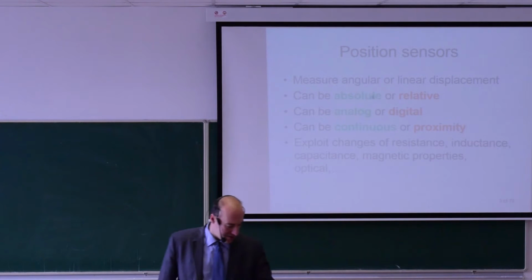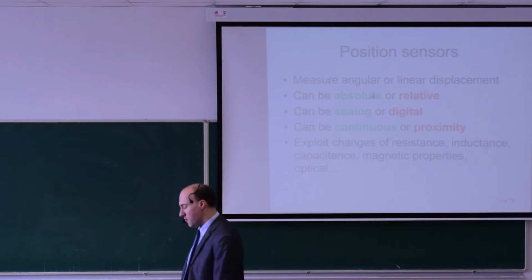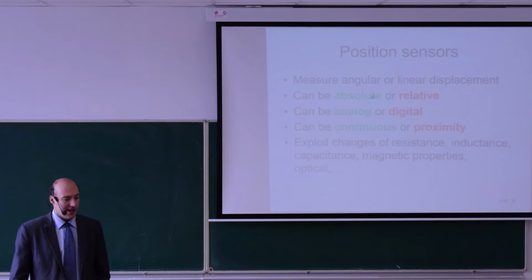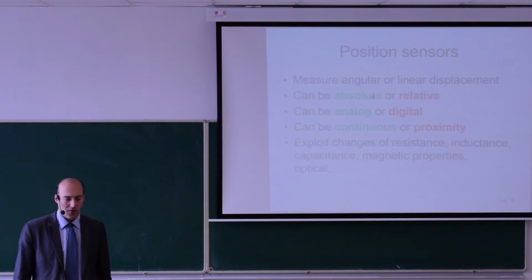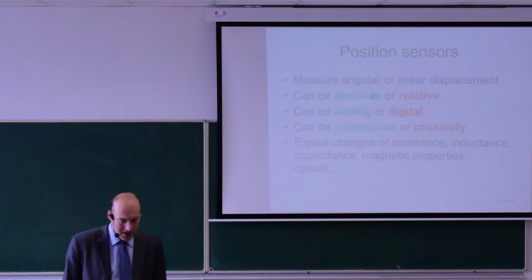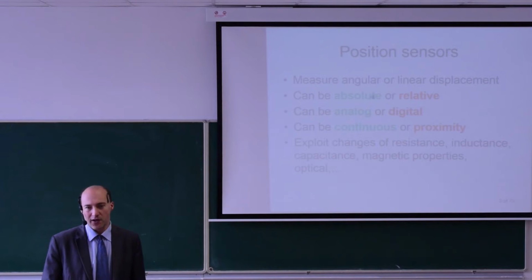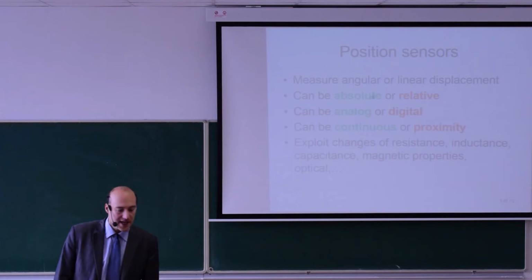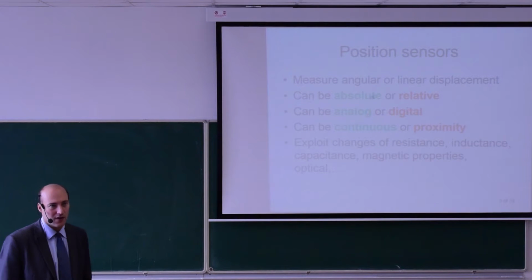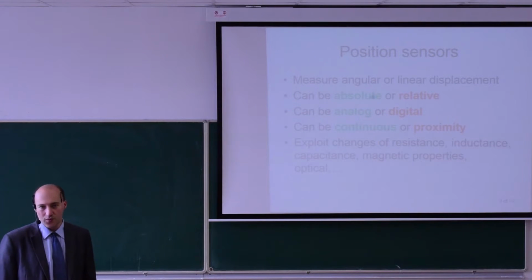So then you obviously may transfer between angular and linear displacement if you use a gear, for example. But in many cases, it is more convenient to use a sensor that directly gives you what you want, so linear or angular displacement. As you will see, some sensors are basically designed for one, or they can be used for two.